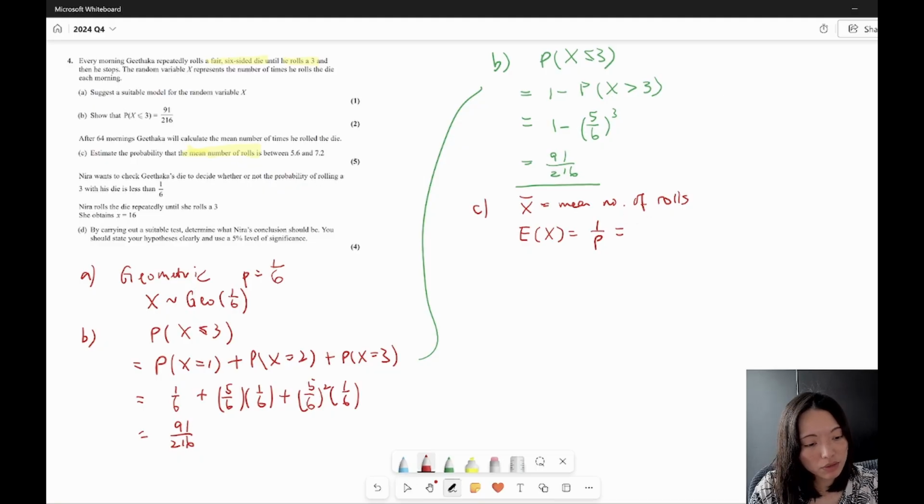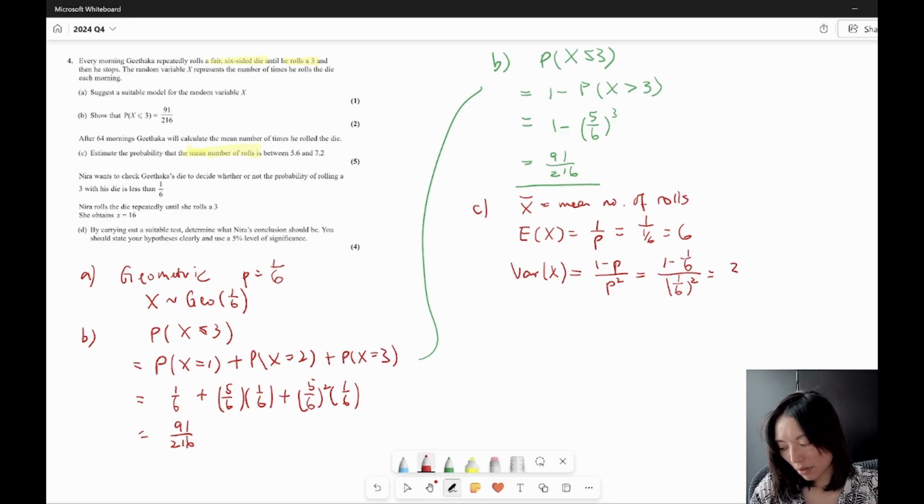With p equals 1/6, that's 1 over 1/6, which equals 6. The variance of X is again given by the formula in your formula book, (1 minus p) over p squared, which is (1 minus 1/6) over (1/6) squared. Working that out, we get 30. So that is our sigma squared, and that is our mu.